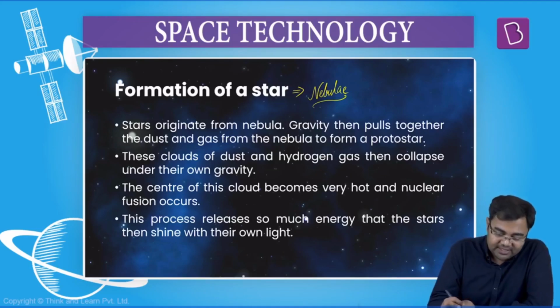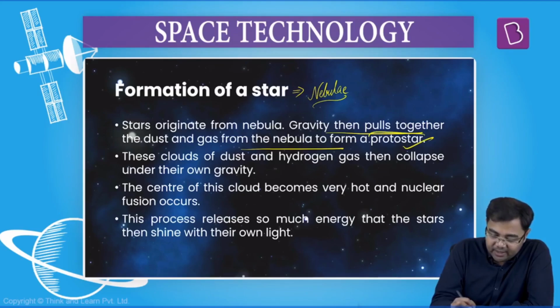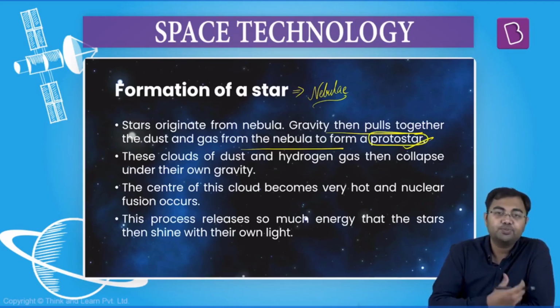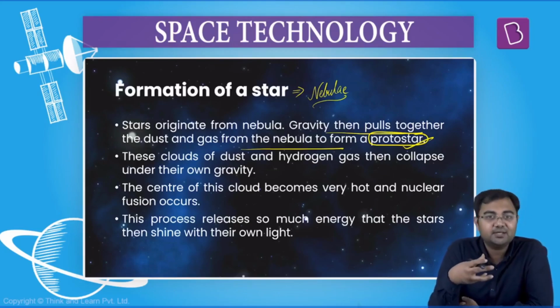And this is where we'll see that gravity pulls together the dust and the gases from the nebula and a protostar is formed. So a protostar, you can say, is like the core of a star.